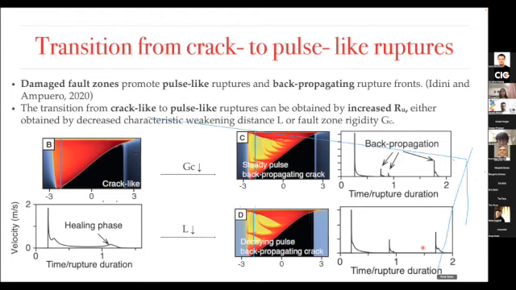They are not necessarily completely the same, but they are similar. So this transition is actually achieved by an increased RU number, either obtained by a decreased characteristic weakening distance L or a decreased fault zone rigidity GC.